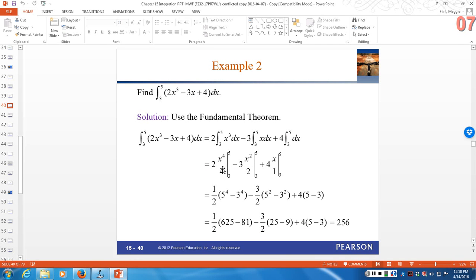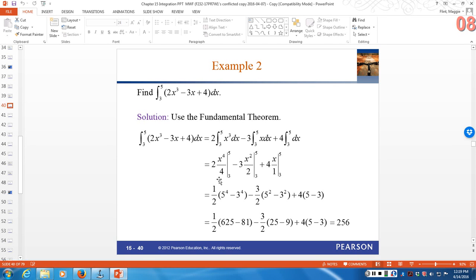So the integral of x cubed: add 1 to the power, and then divide by the power. The 2 just parks itself out in front because it doesn't do anything but ride along. So it's 2 times x to the 4th over 4. And when we get done, we're going to plug in 3 into that expression, and plug in 5 into that expression, and subtract.